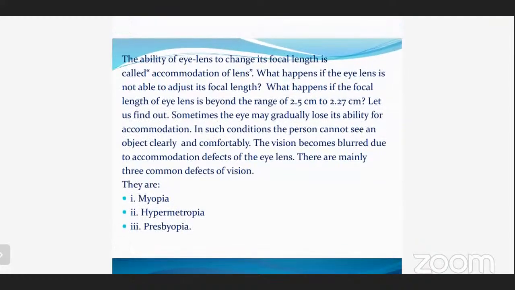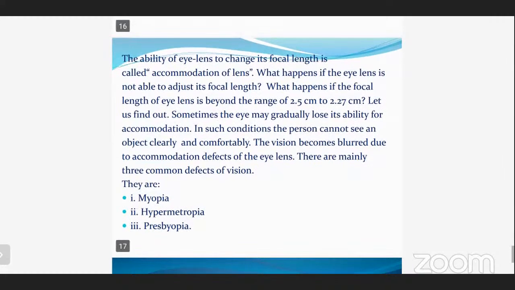When the focal length differs from 2.27 and the maximum focal length 2.5 centimeter, then defects are there. So based on the focal length, three types of defects of vision are there. What are the three common defects? Myopia, hypermetropia, and the third one is presbyopia.